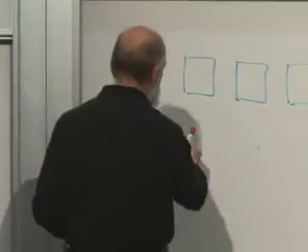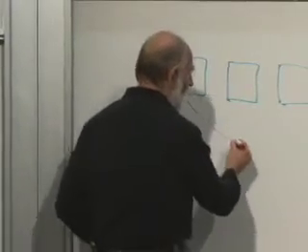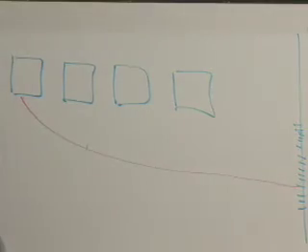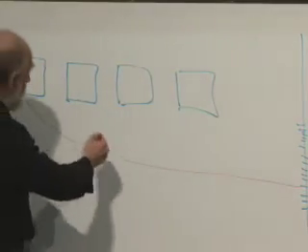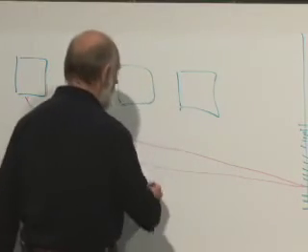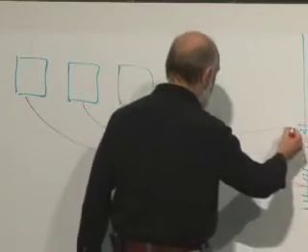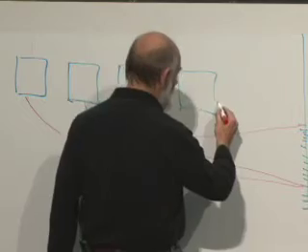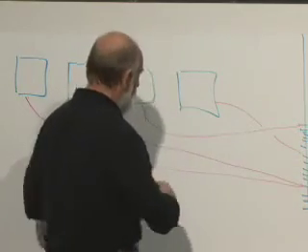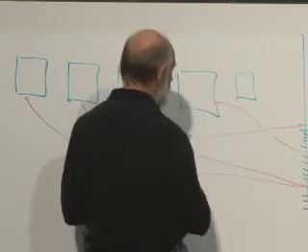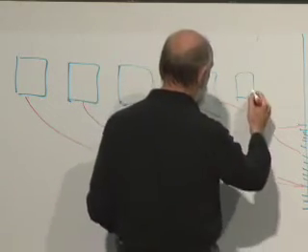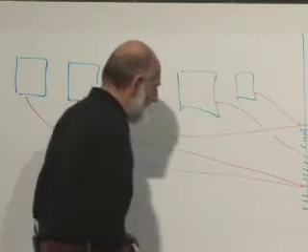If the first box happens to be in this state over here, I'll put a line over there like that. If the second box happens to be in the same state, I'll put another line over here. Supposing the third box is in a different state over here, and the fourth box is in yet a different one over here, and the fifth box, let's put a fifth box in just to add one more, just happens to be in the same state as this one over here.